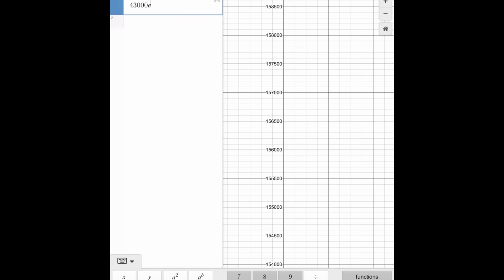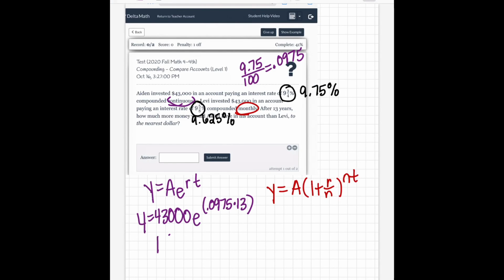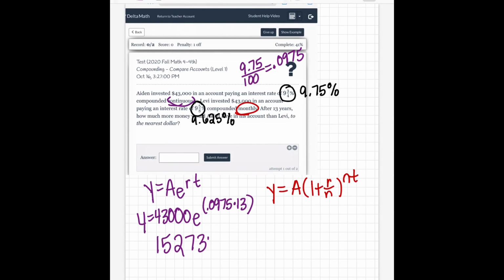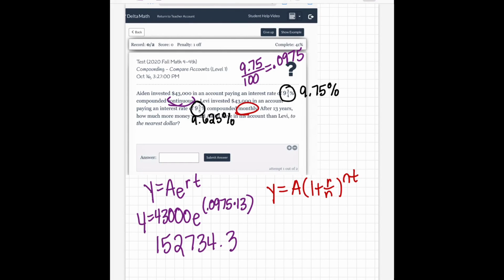Sorry about that. We are going to raise e to the 0.0975 times 13, and we get 152,734.3. Okay, so that was Aiden.